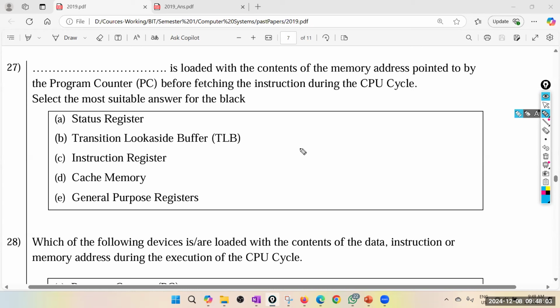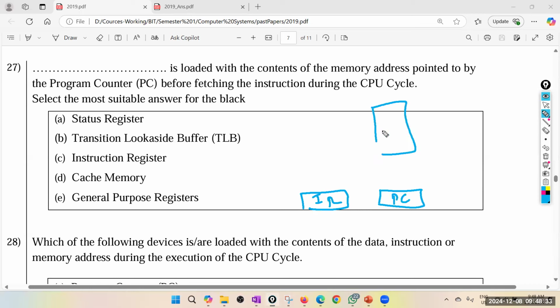You must already understand the fetch-decode-execute cycle in a general purpose register architecture to answer this. It refers to the program counter, so that means the instruction register must also be there.